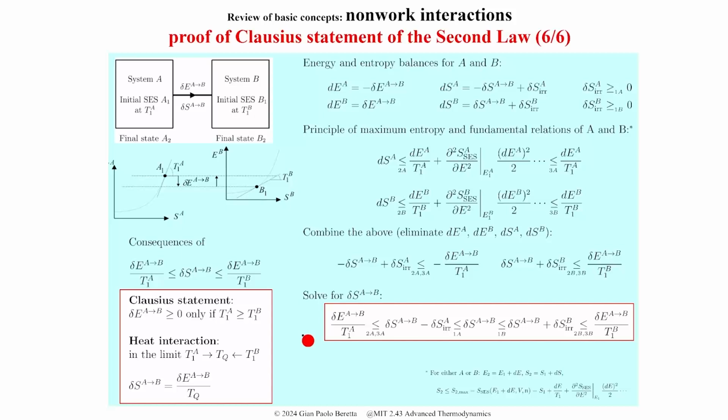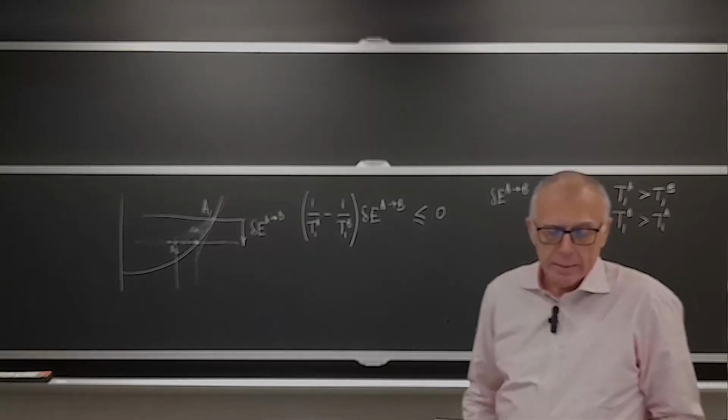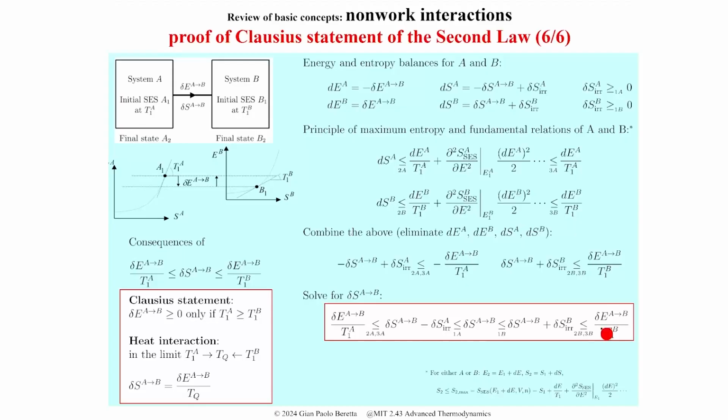All right, so by looking at the two end parts, we proved the Clausius statement of the second law that energy cannot flow spontaneously, and spontaneously is, well, while there are no other external effects. You're considering a system in which composite A and B is isolated. So it can only occur from hot to cold, from high temperature to low temperature.